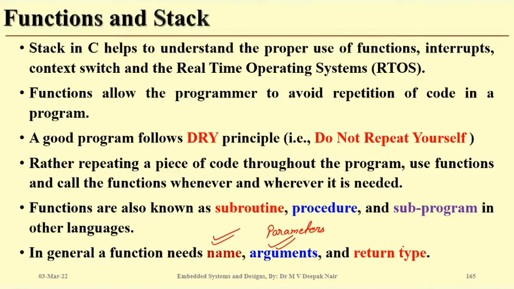So the data type and the value which it is returning, or sometimes it may not return anything, so void kind of functions. These three ingredients are very important for any particular function.